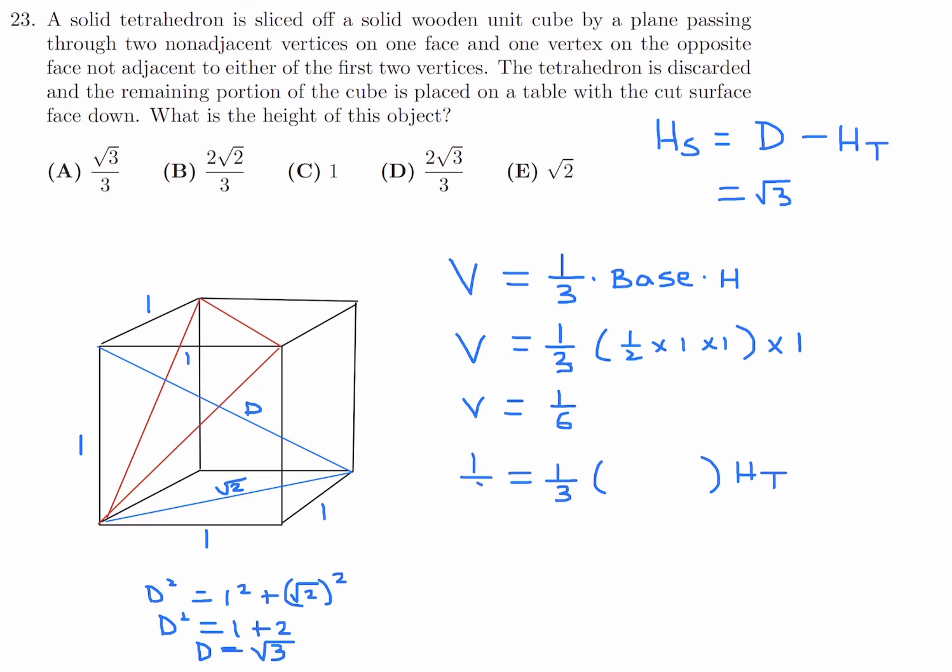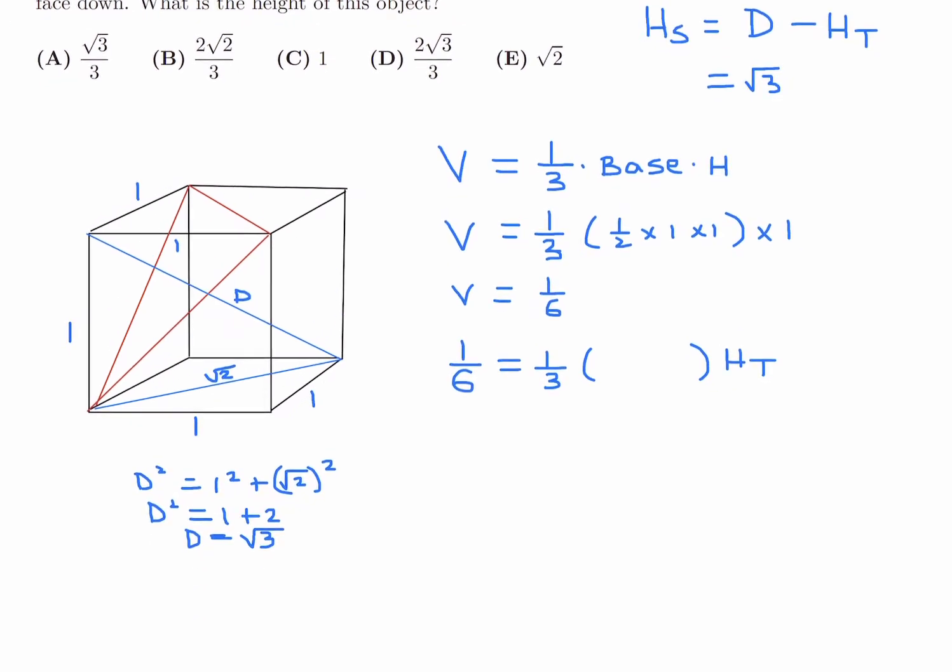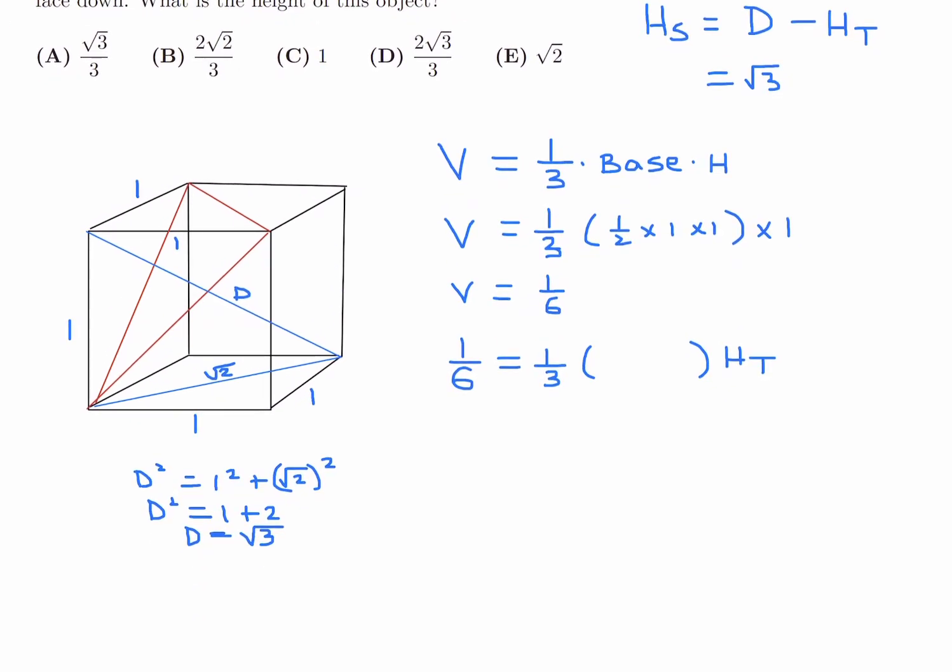It's the same tetrahedron. Now how do I figure out the area of that base? Well, it will be kind of helpful if I draw it out. But the good news is that this is a cube with all the same sides. So very quickly I can figure out the sides of that red triangular base.